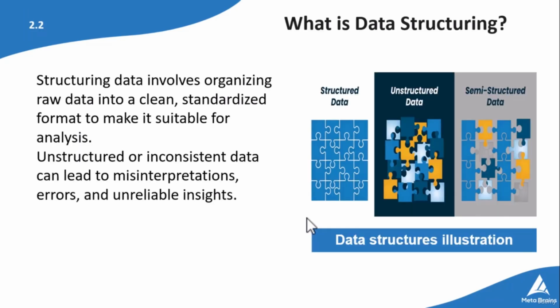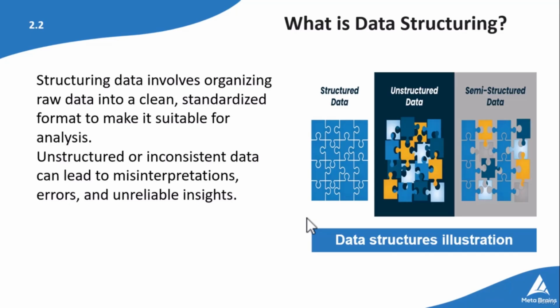So, what is data structuring? Data structuring is the process of organizing raw and structured data into a clean, standardized format. It ensures that all entries follow the same conventions, making it easier to analyze and derive actionable insights. For example, in a data set containing marketing transactions, you may encounter inconsistencies in how dates are recorded.